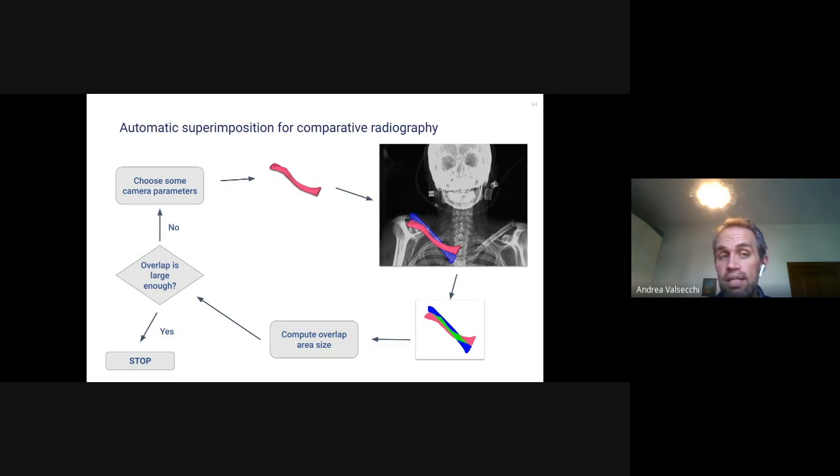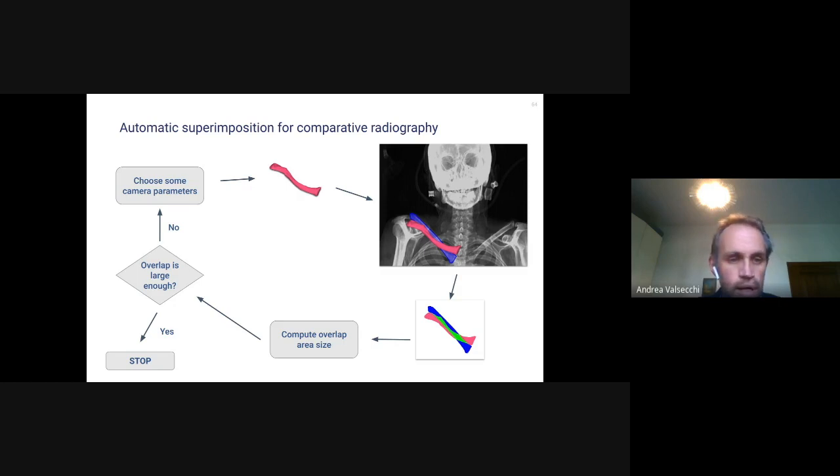Otherwise, you modify the camera parameters in order to increase it. This is quite different from what we were doing with landmarks. The process with landmarks is just a computation that takes way less than 1 second, while in this case it can last a couple of seconds because it needs to go through the loop a few thousand times.